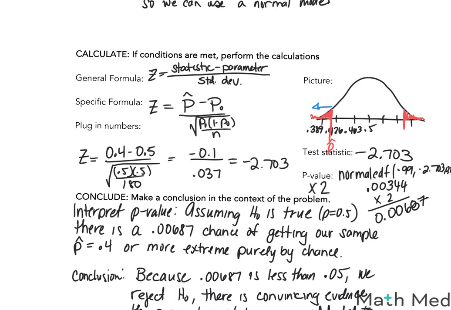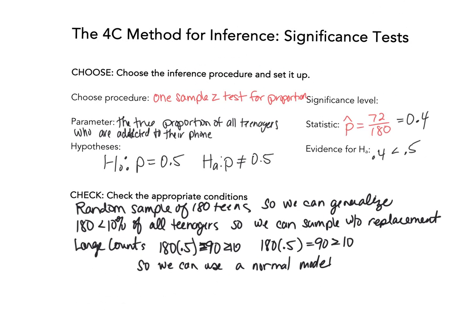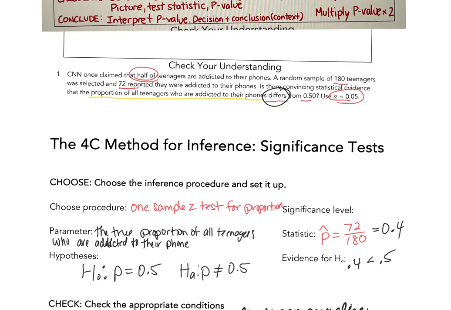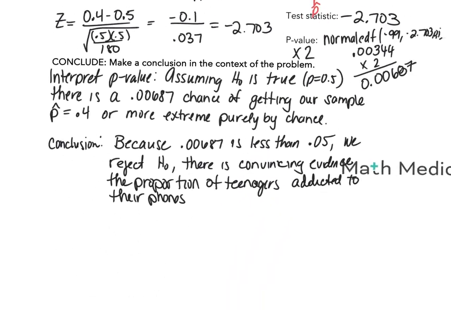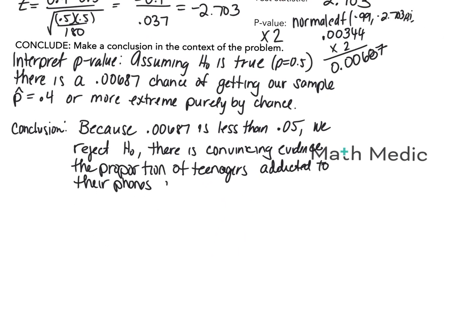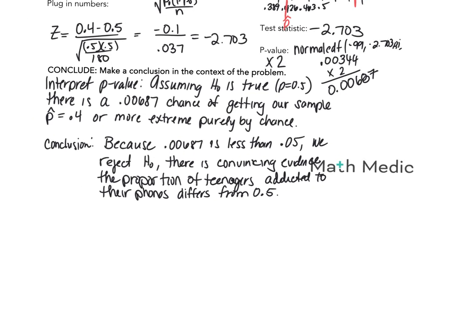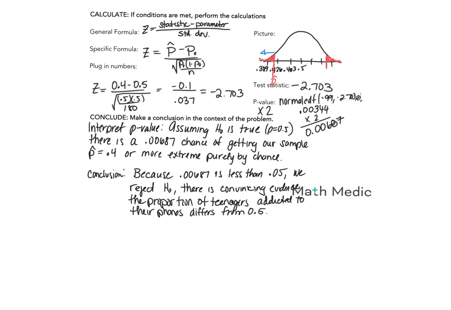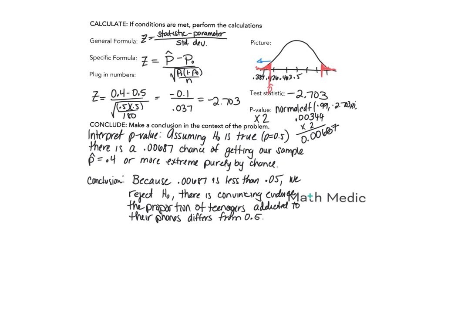And if we go back and look at it, it says differs from 0.5. If you just take this whole part in your conclusion and use that, that's the best way to make sure you've covered your context correctly. So addicted to their phones differs from 0.5. And that's our conclusion. That is your quick one sample z-test.